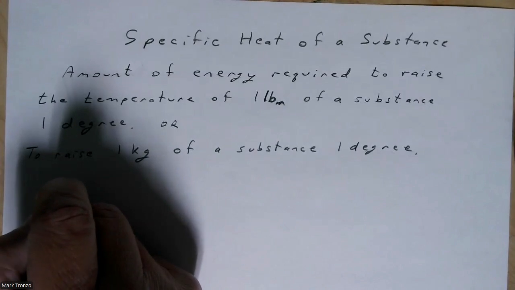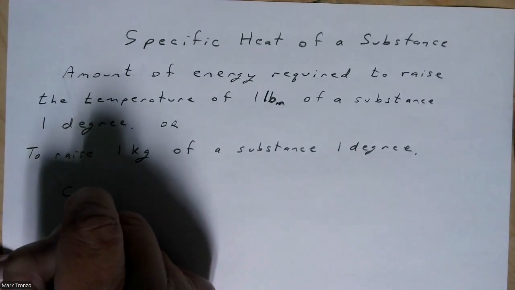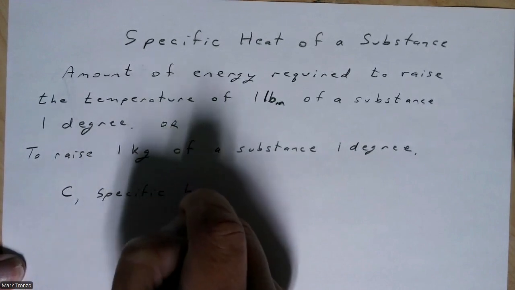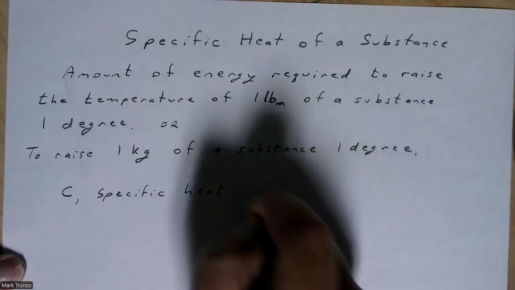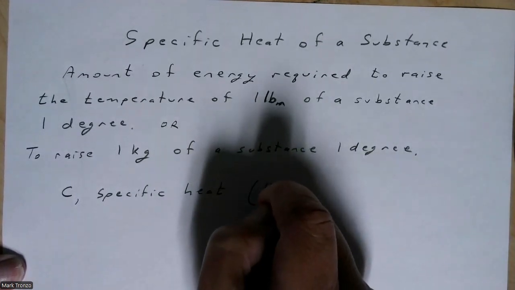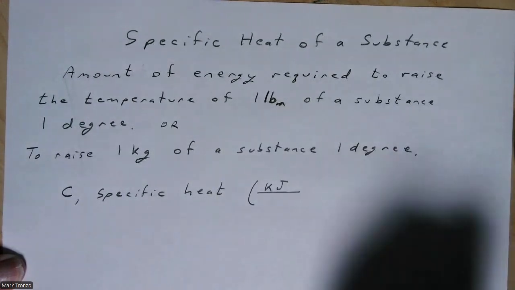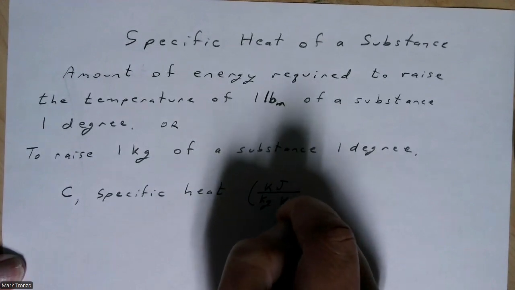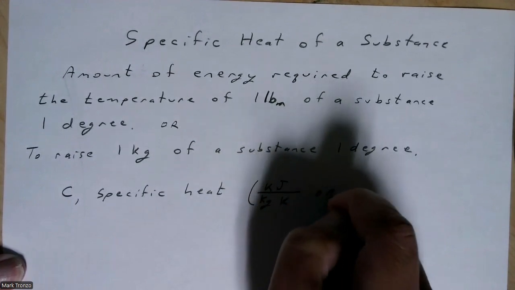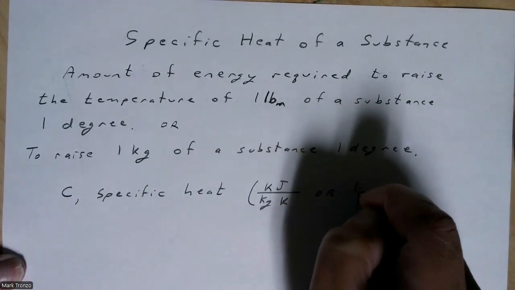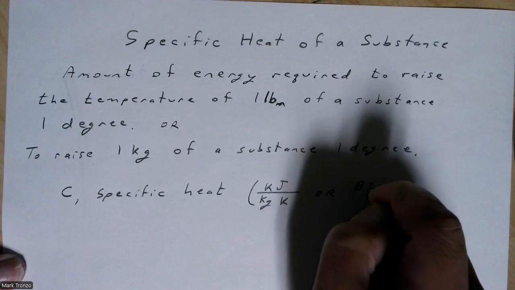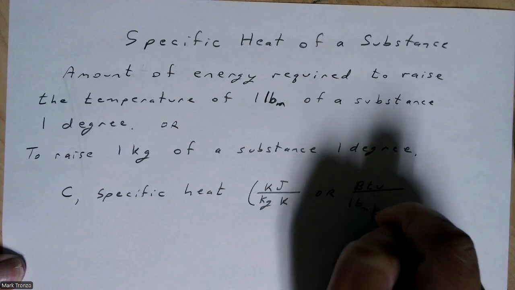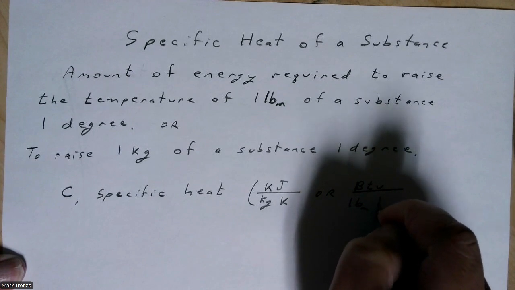In general, specific heat is represented by C. It could be in kilojoules, and remember, that's energy per kilogram degree Kelvin, or, let's say, BTUs per pound mass degree Rankine.